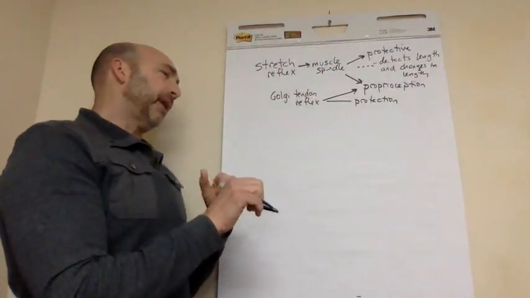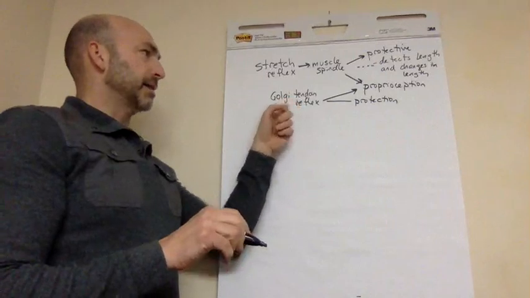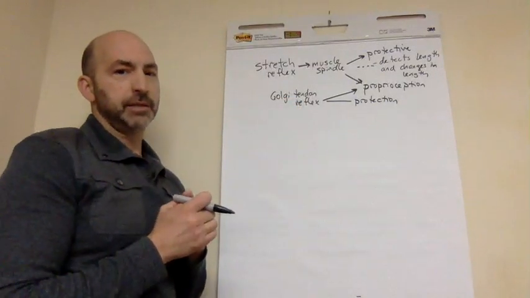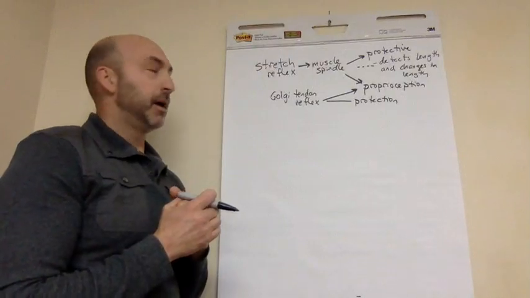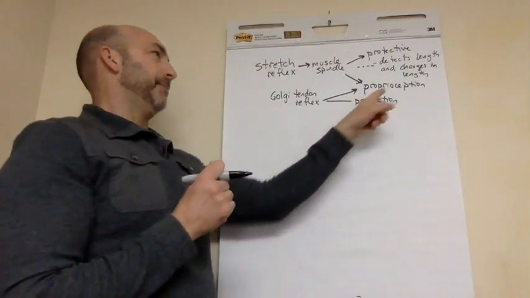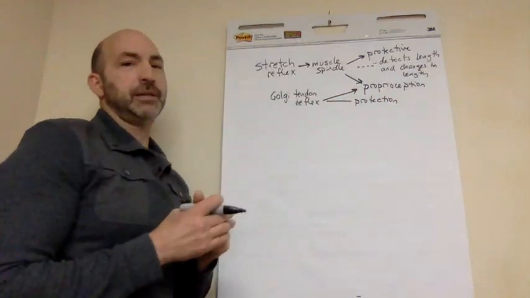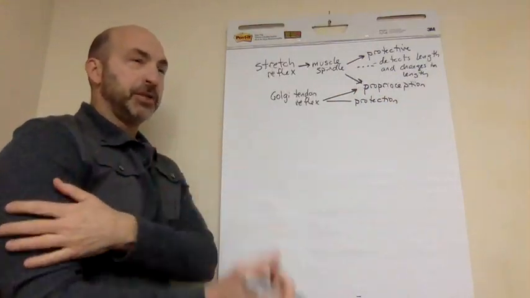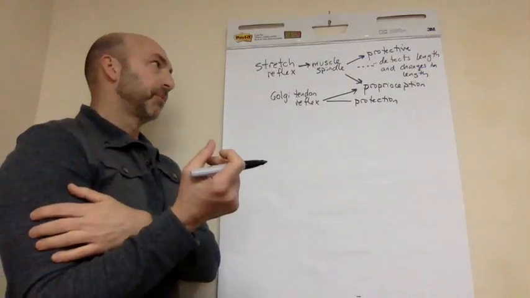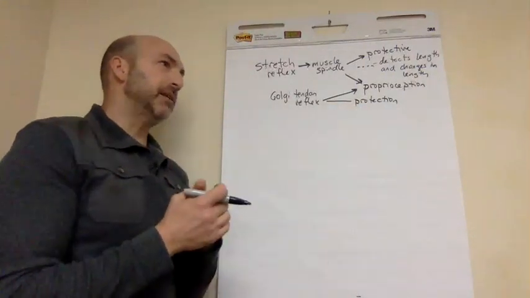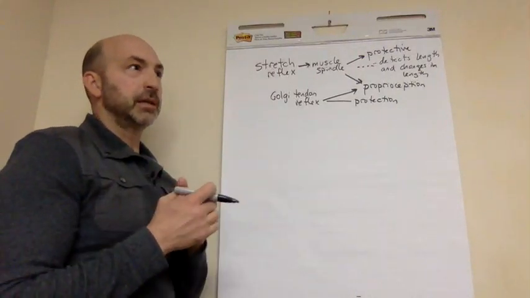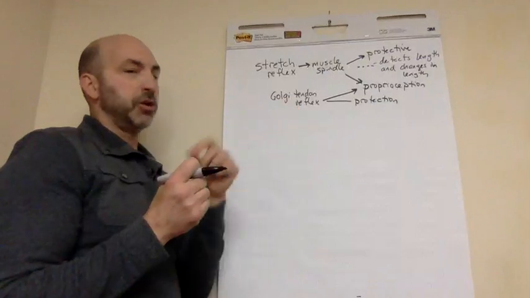And what that means is that this guy is a lot better at sensing tension in the muscle as opposed to length. And again, it's telling us about proprioception. It's telling us about the tension feedback, about how much tension we're generating in that muscle.